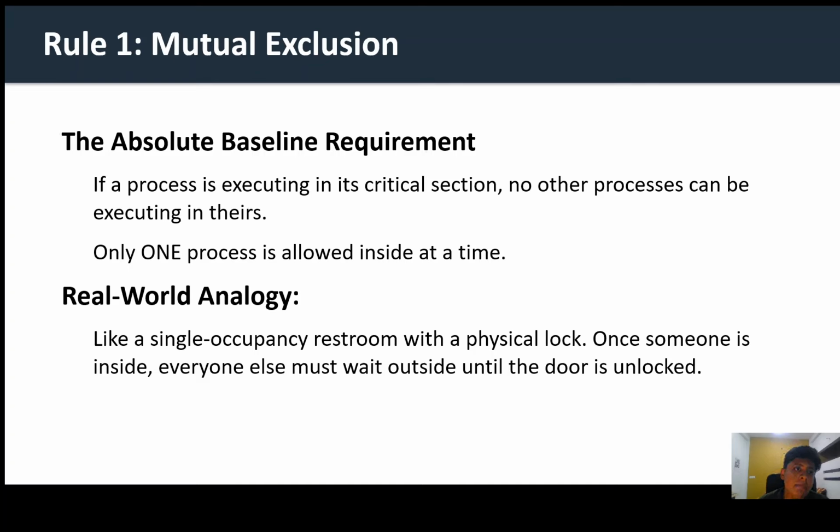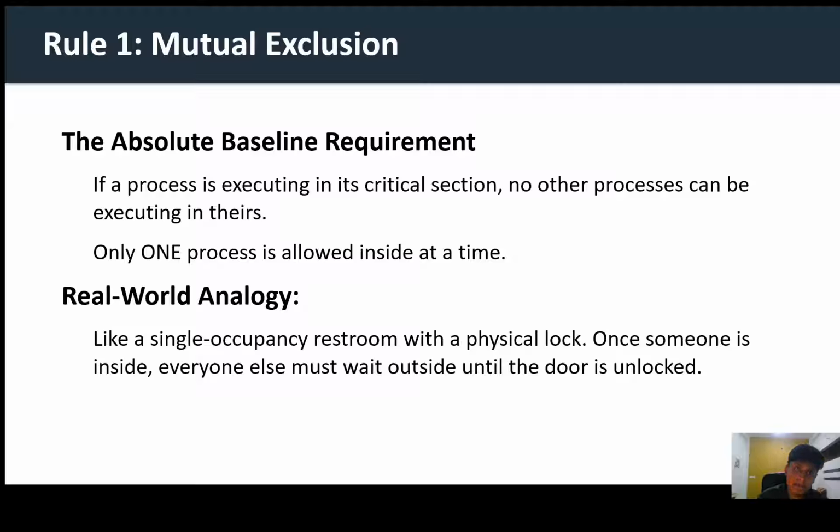Now we have rule number 1, mutual exclusion. What is it? If a process is executing in critical section, no other process can execute in theirs. What does that mean? If process A is in critical section making changes in file 1, then process B cannot enter in critical section, and cannot make changes in file 1 also.